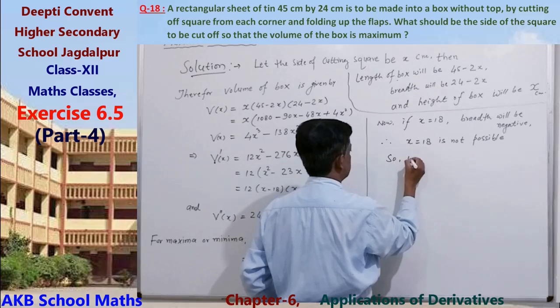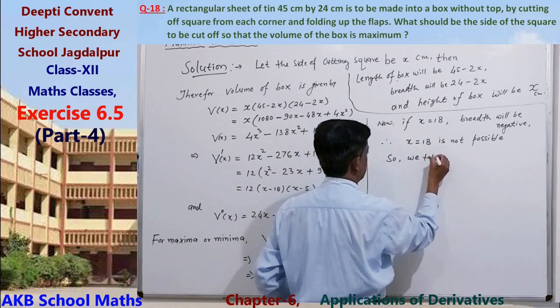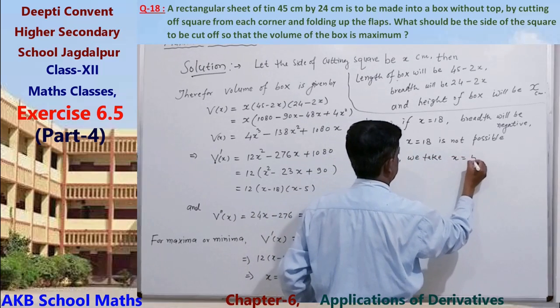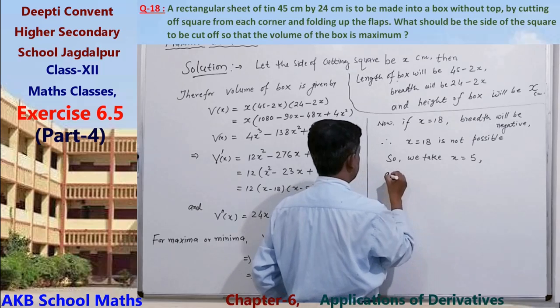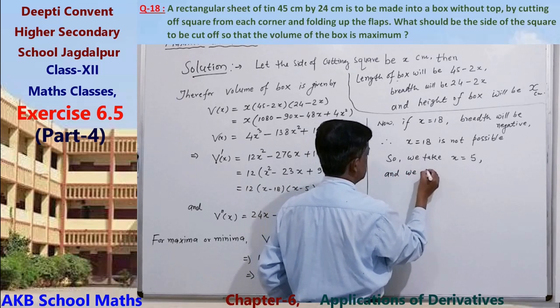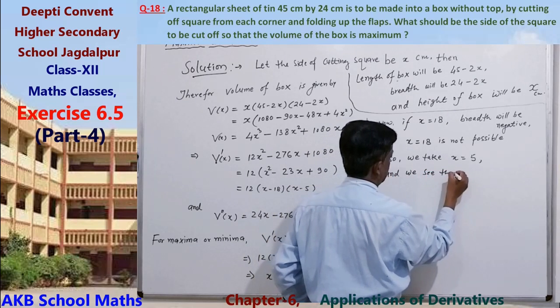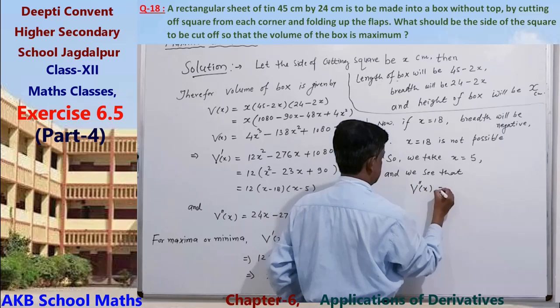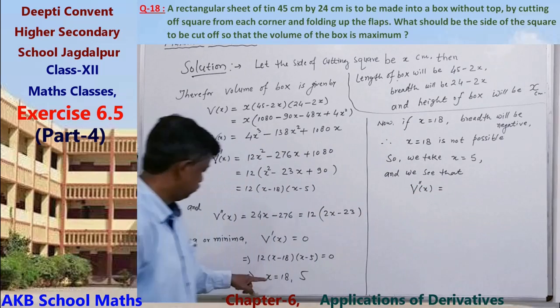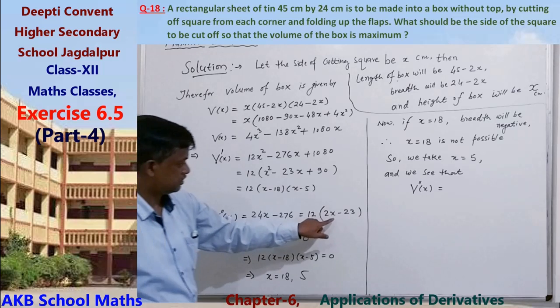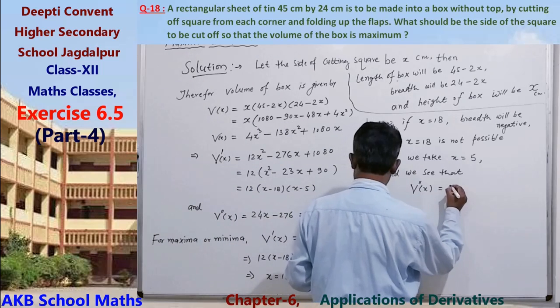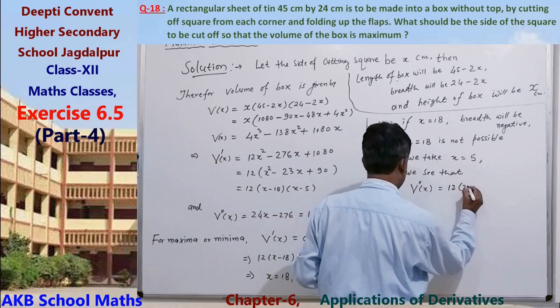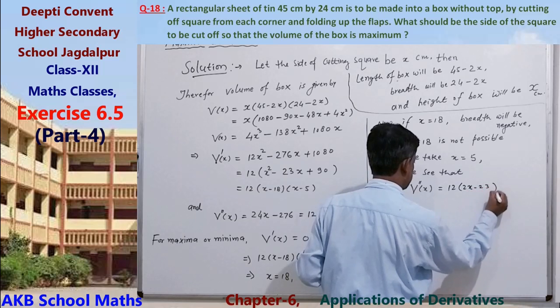So, we take x equals 5 and we see that V double dash x is 12 into (2x minus 23).